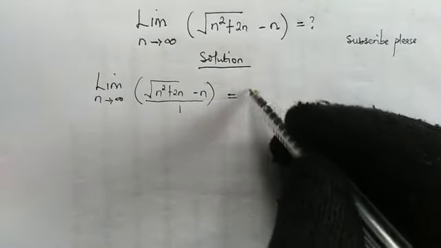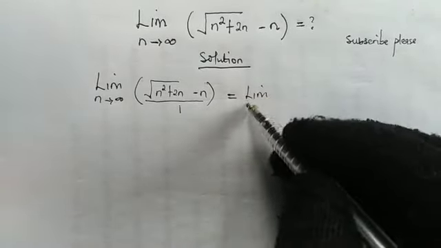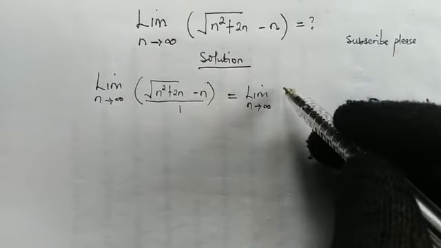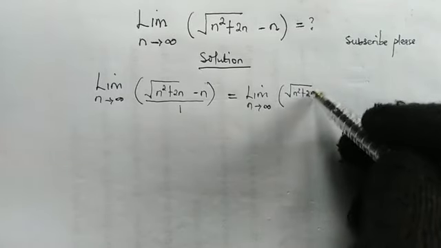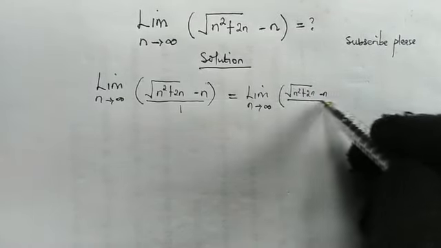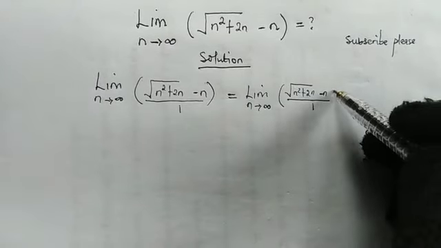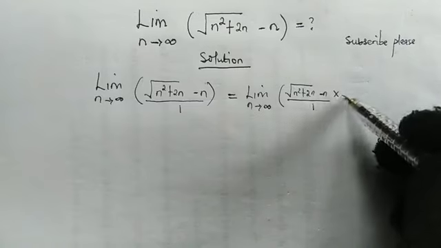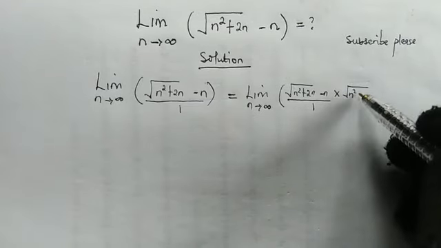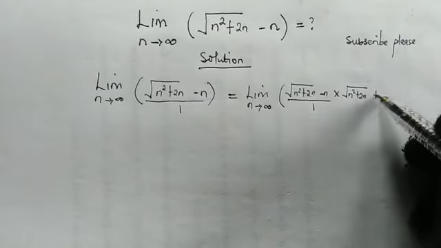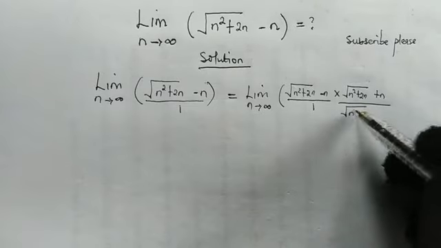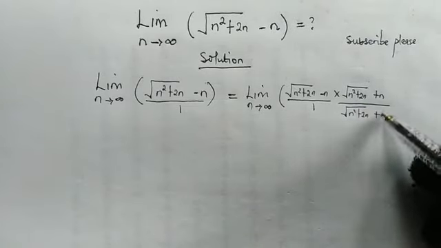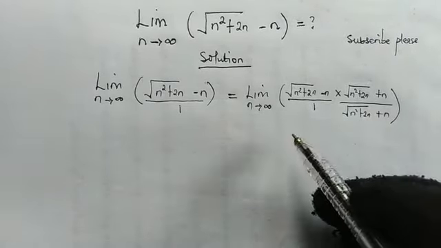So that is equal to the limit as n is approaching infinity of the square root of n squared plus 2n minus n over 1. Up here, we multiply by the square root of n squared plus 2n plus n, and down here also by the square root of n squared plus 2n plus n.